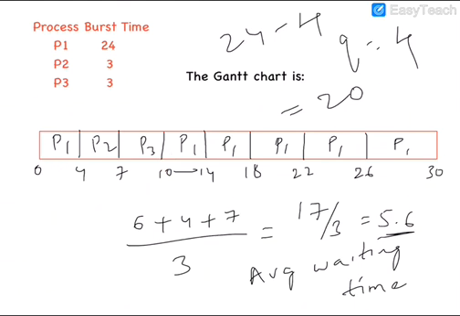So 10 minus 4 is 6. That is, the waiting time of P1 in the ready queue is 6. Next, the waiting time of P2 is 4, which is direct, and the waiting time of P3 is 7, which is also direct. So we get 17 divided by the number of processes, 3. That is, the average waiting time is 5.6 units of time. I hope you have understood this.